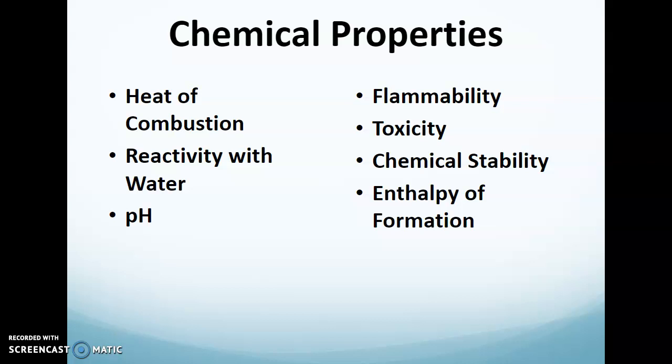Flammability, so if something can catch on fire or if it's fire resistant. Toxicity, chemical stability, and then enthalpy of formation. Now, enthalpy is something that we'll talk about a little bit later on in the semester, but when you see the word enthalpy, enthalpy means energy. So then enthalpy of formation is really looking at the amount of energy it takes for a substance to form.